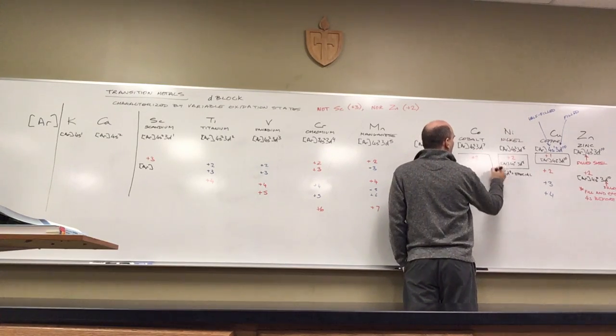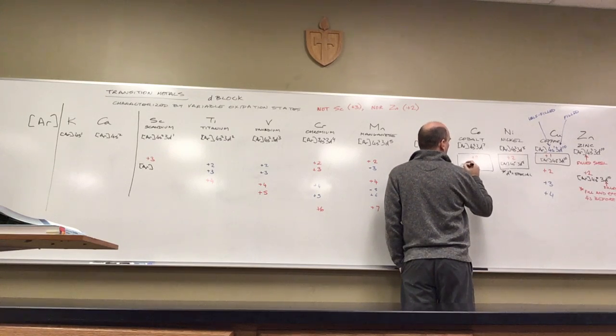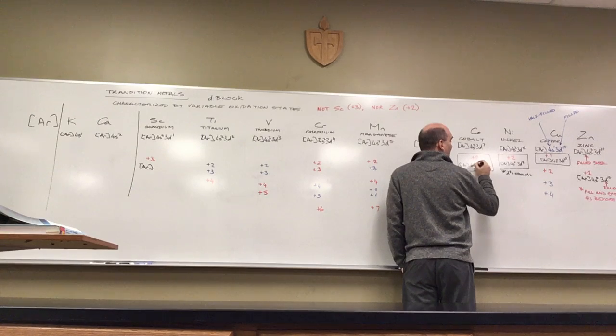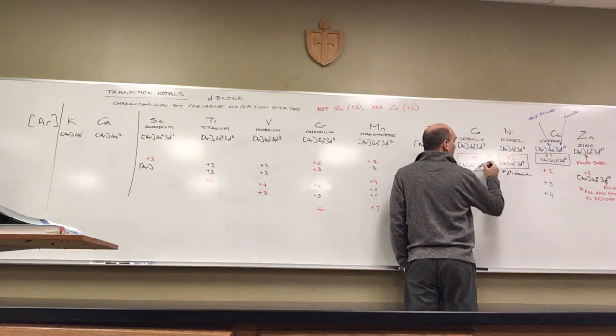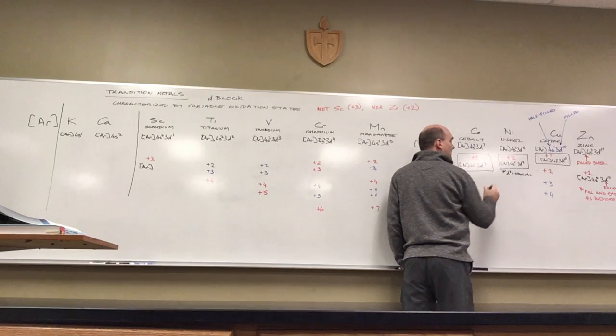Cobalt, if you're the 2+, you lose from the S, and you make 3d7.